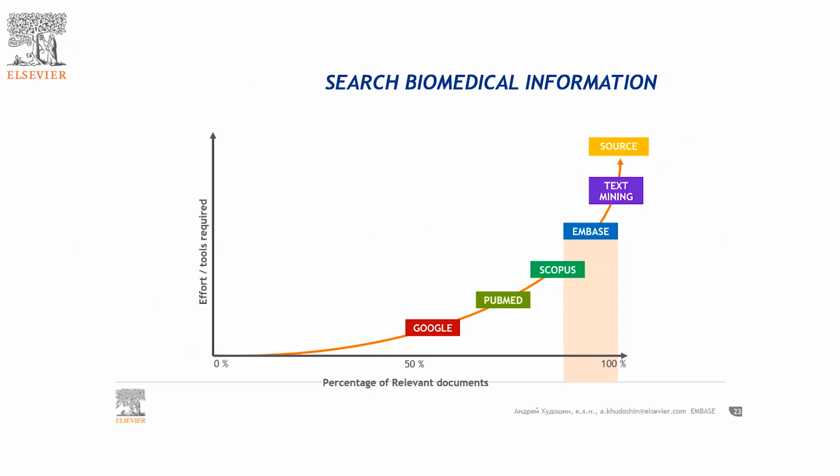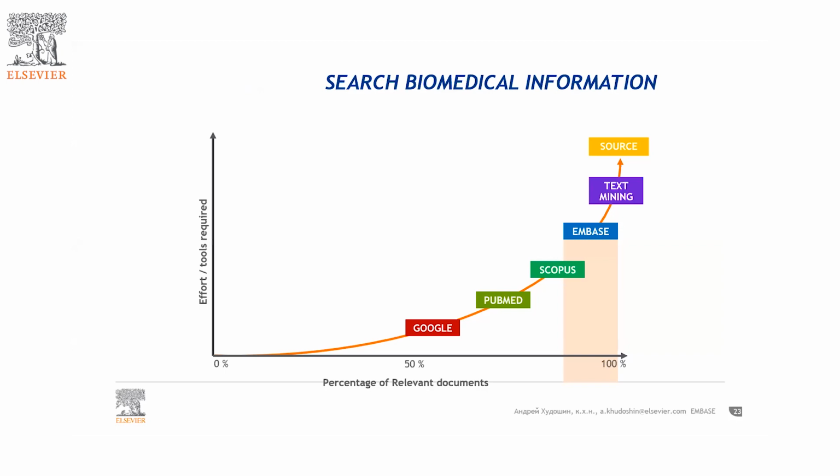This slide illustrates the balance of effort and the percentage of relevant documents that you get from the database. For example, Google requires very little effort and time investment for a query, but you also miss key publications.